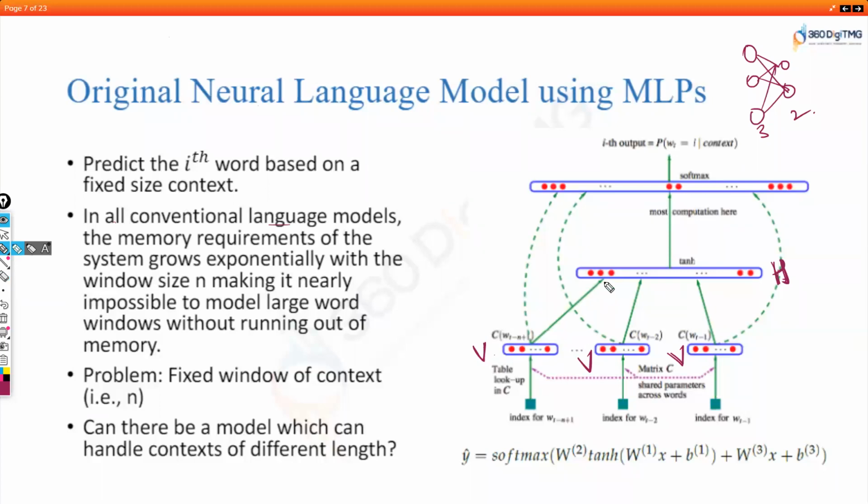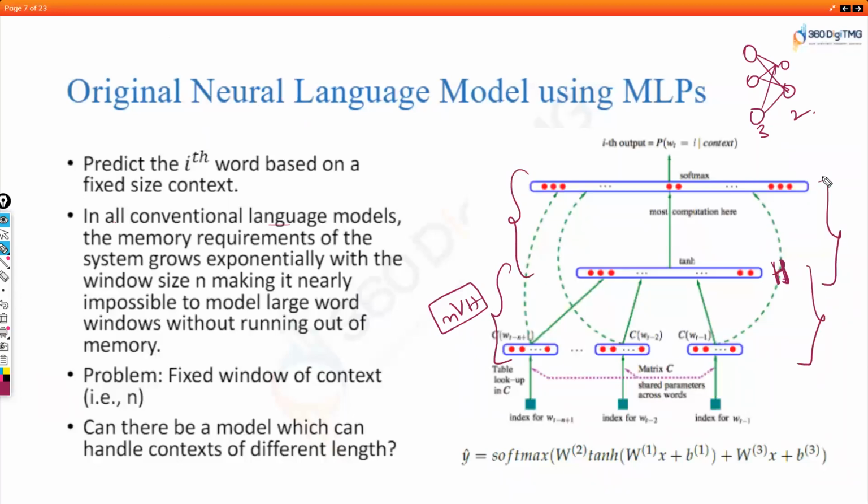V neurons, H neurons, V into H. For these two also V into H, for these two also V into H. In that way, if you have n number of words, you'll have n into VH. Those will be the number of connections in this layer.